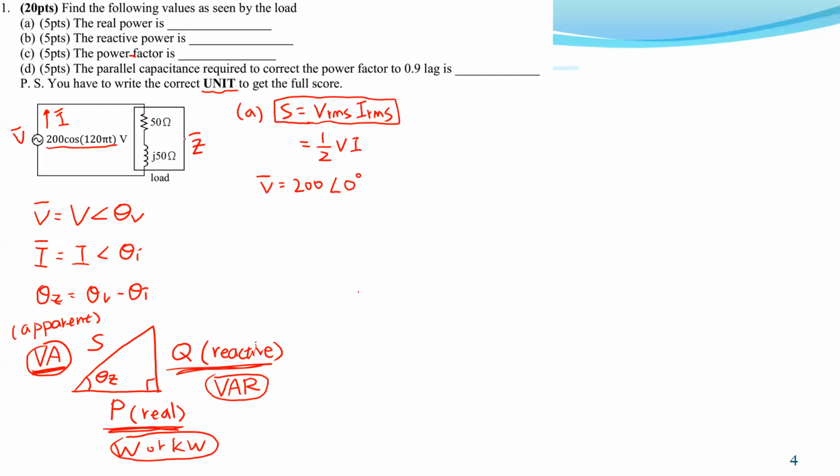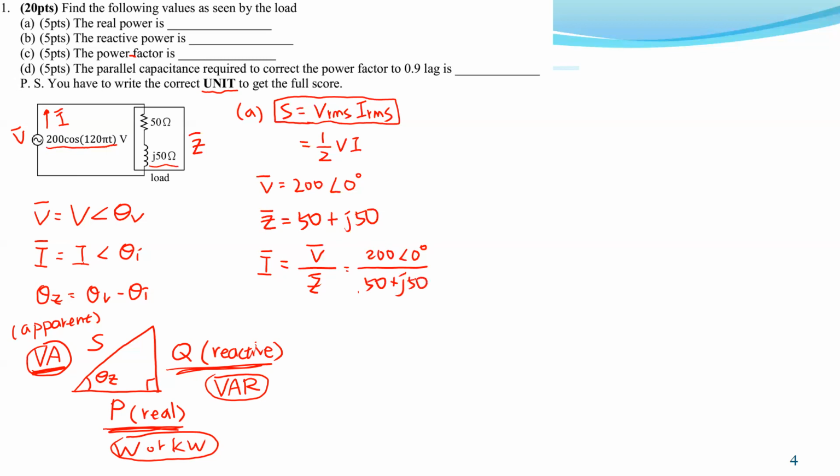The impedance of the load is 50 plus J50. For the phasor current, we just apply Ohm's law: the phasor voltage divided by impedance, 200 at 0 degrees over 50 plus J50.